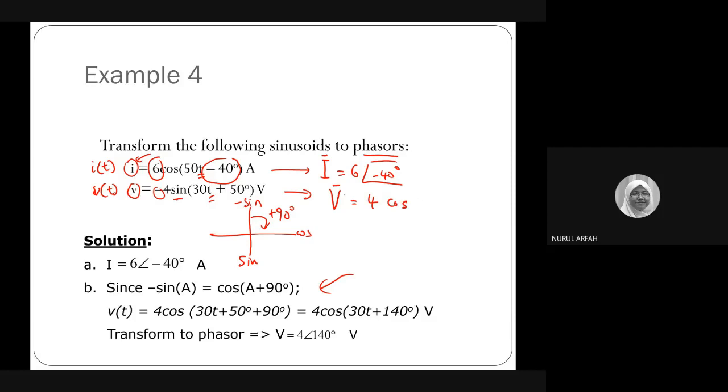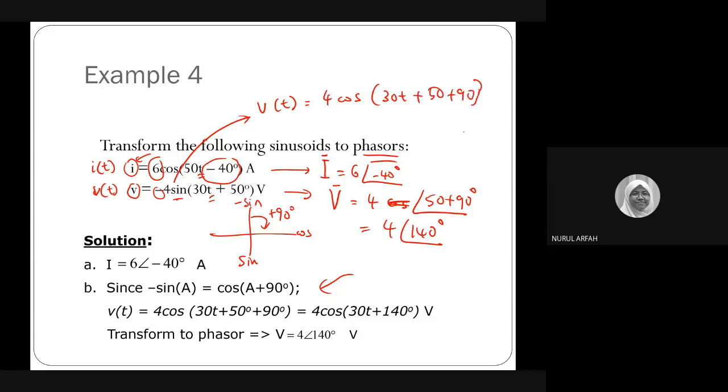I better not draw like this, just write down 50 plus 90 degree. So you get the answer. Okay, 4 with 140 degree. But it's actually this one, V with respect to time, then 4 cosine 30t plus 50 plus 90 degree. That's why you get this 140. Okay.